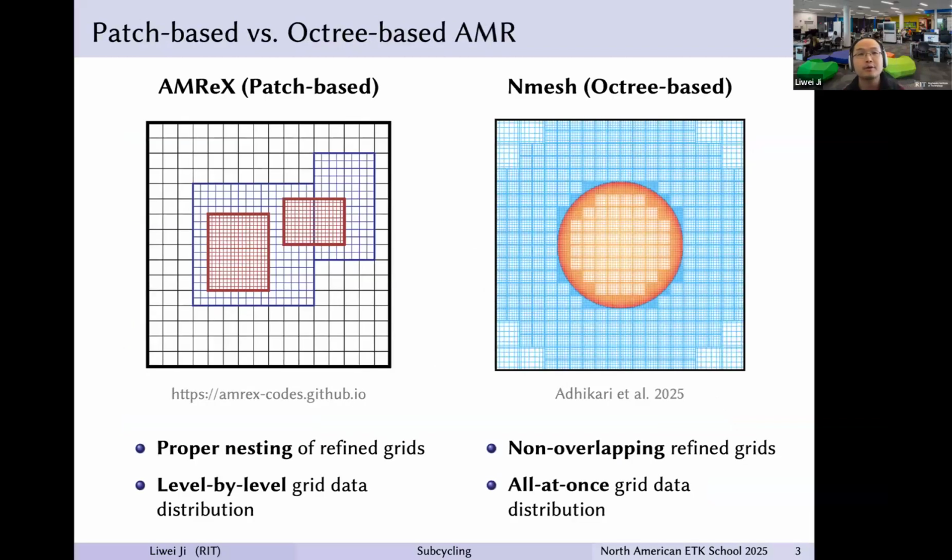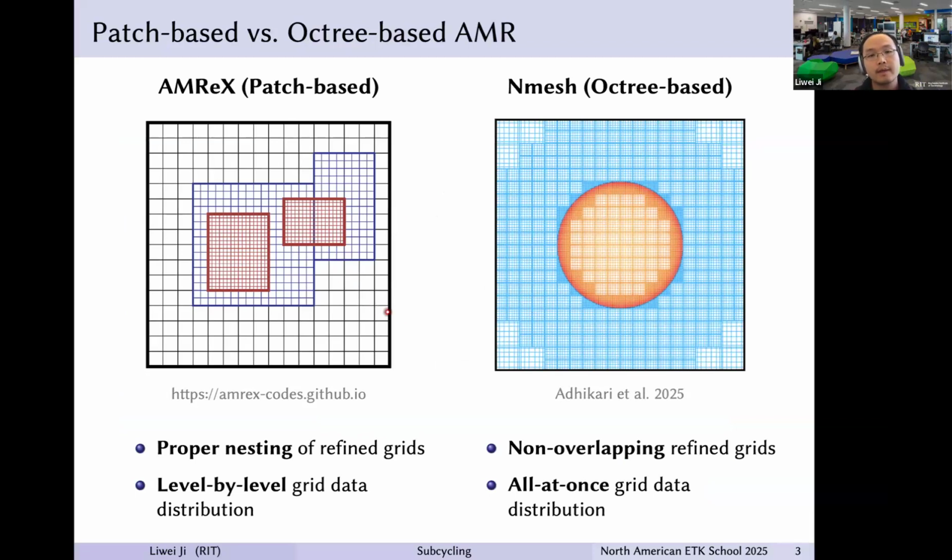Okay, before we go to the subcycling implementation, I want to talk a little bit about the difference between two typical AMR strategies, so-called patch-based and octree-based AMR.